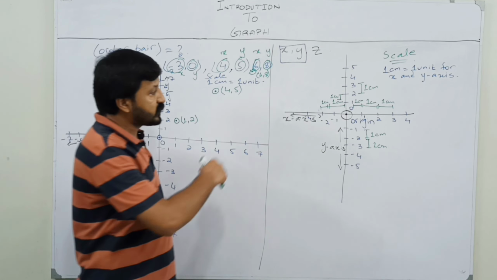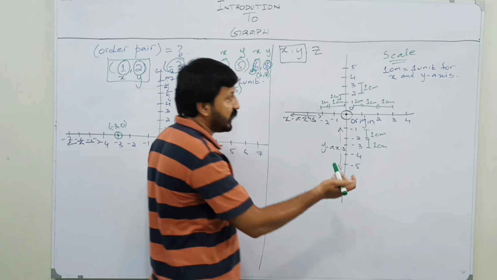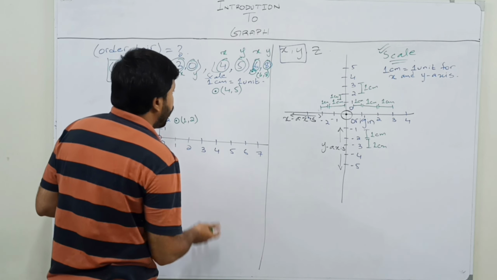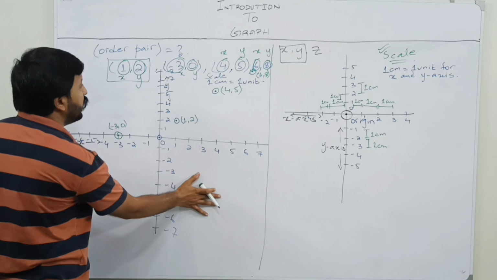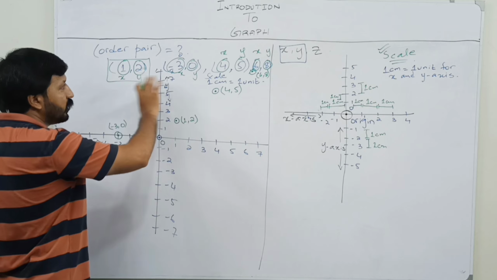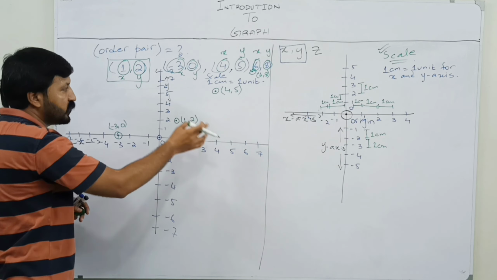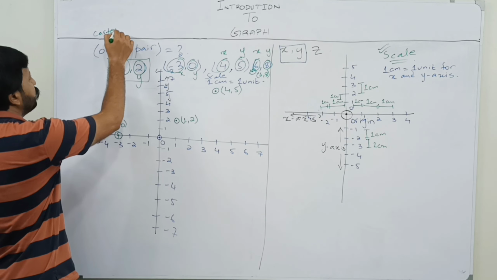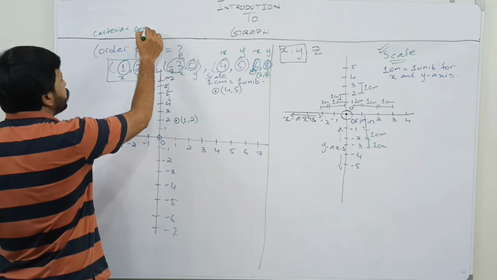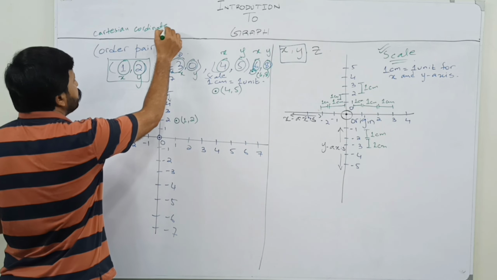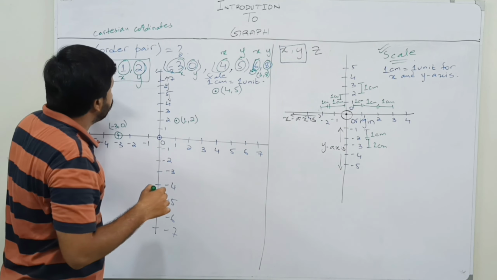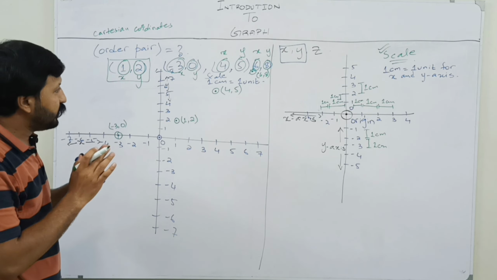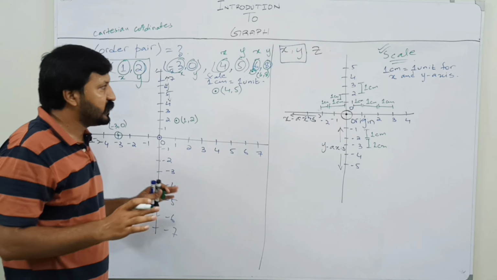Then we discussed the scales and the markings, and in this part we considered some ordered pairs, also known as Cartesian coordinates. And we just plotted these points. We haven't done anything fancy here.